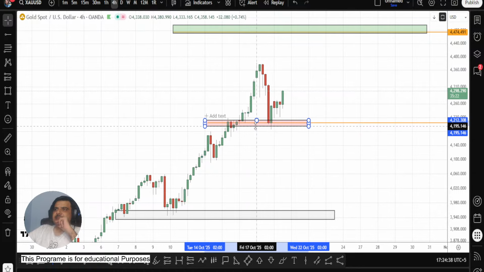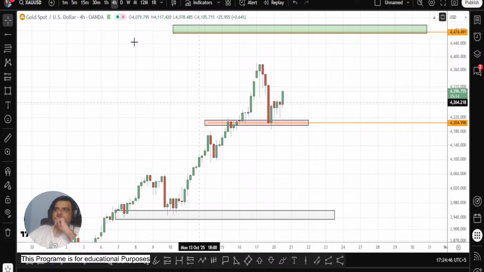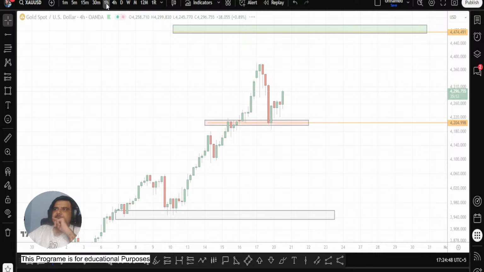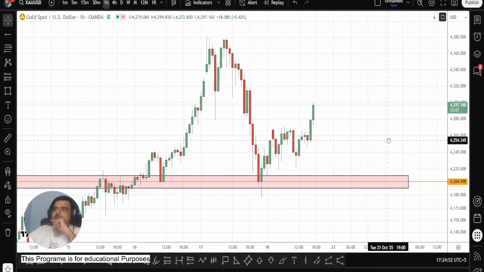But as I said, I'm not just going to discuss the plans, but I will also be trading it. Then I switch to the H1 and I see it as this.